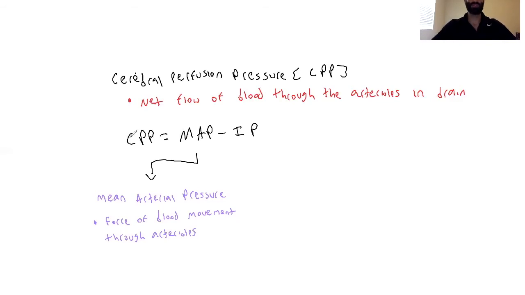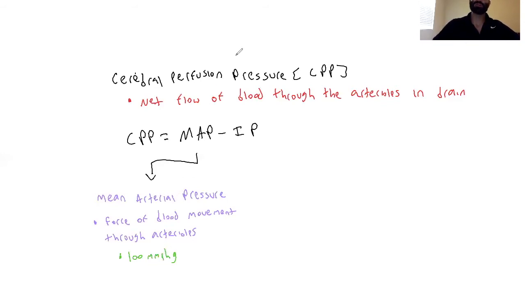And mean arterial pressure in the brain is probably about 100 millimeters of mercury. We'll define pressure later on, but pressure is force against the walls of a container. So only closed systems can be pressurized. That is the mean arterial pressure throughout the arterioles in the brain.